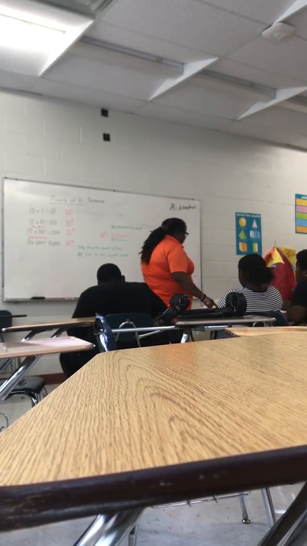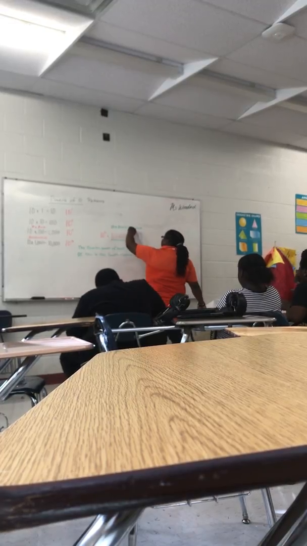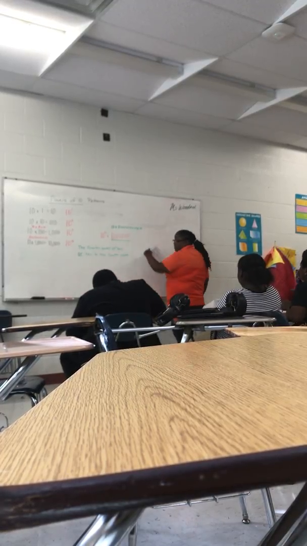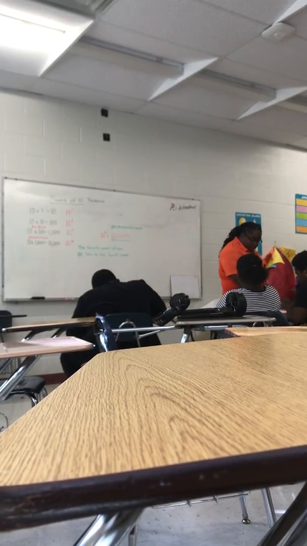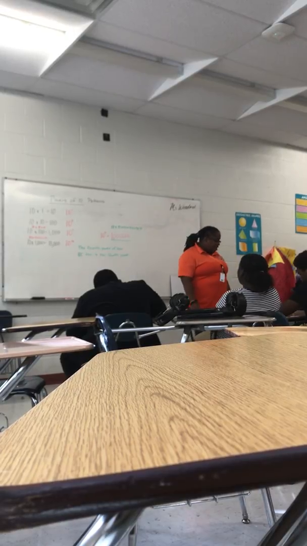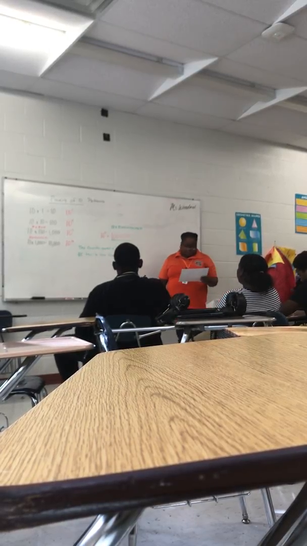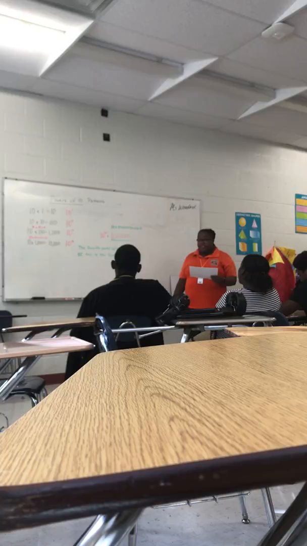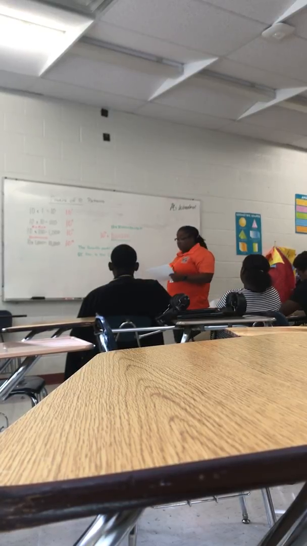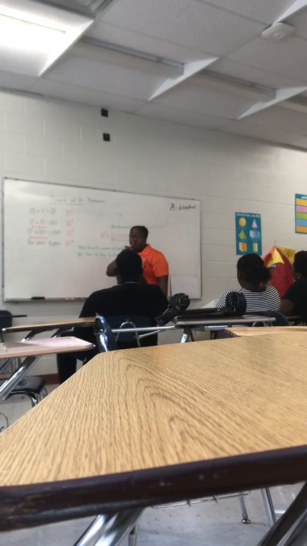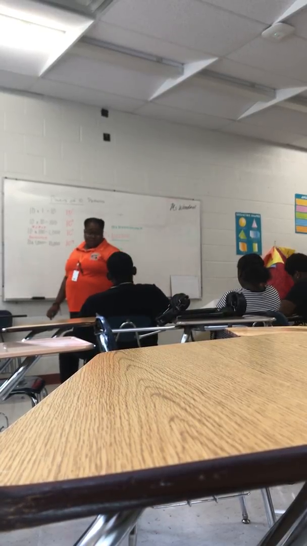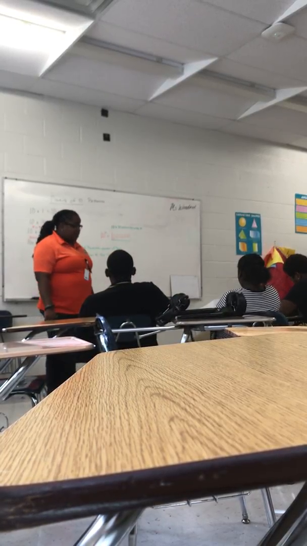Then you need to do 10 times 10 times 10 times 10 times 10 times 10 in the next box. Fit it all in, guys. Squeeze it in there. Let's wait on everybody else.